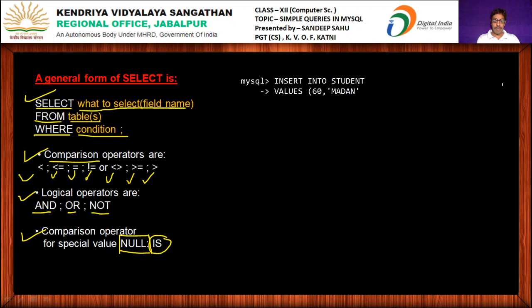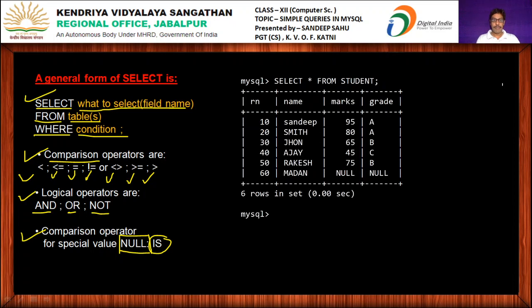Then in place of marks I am keeping null, and grade also I am keeping null. Now let's see the table. Here two values are null.